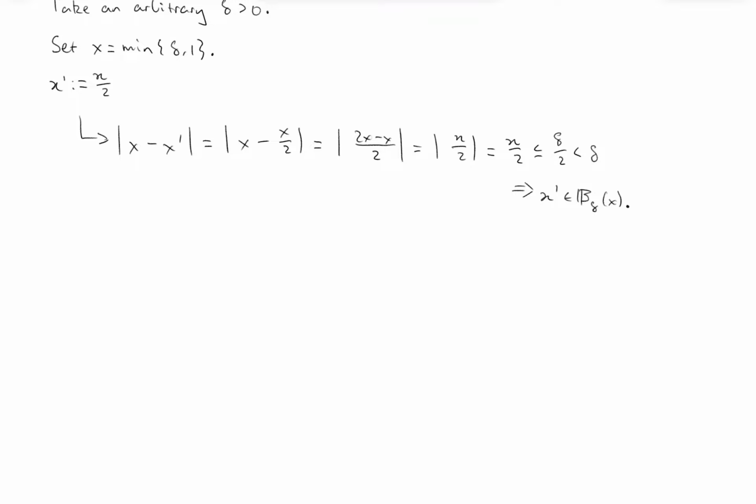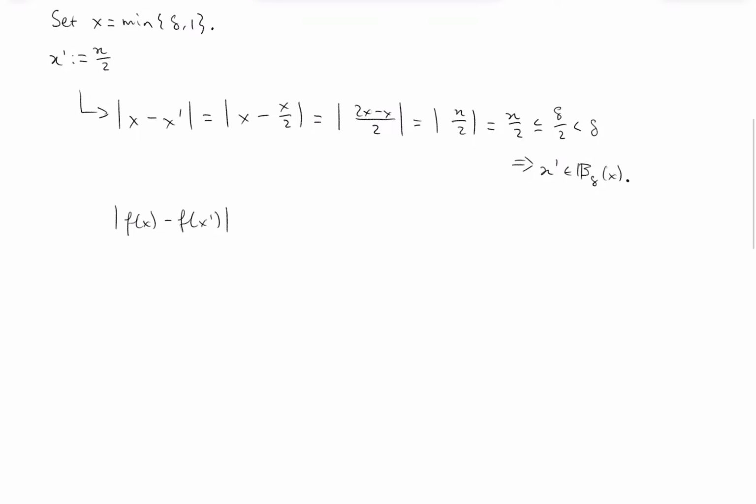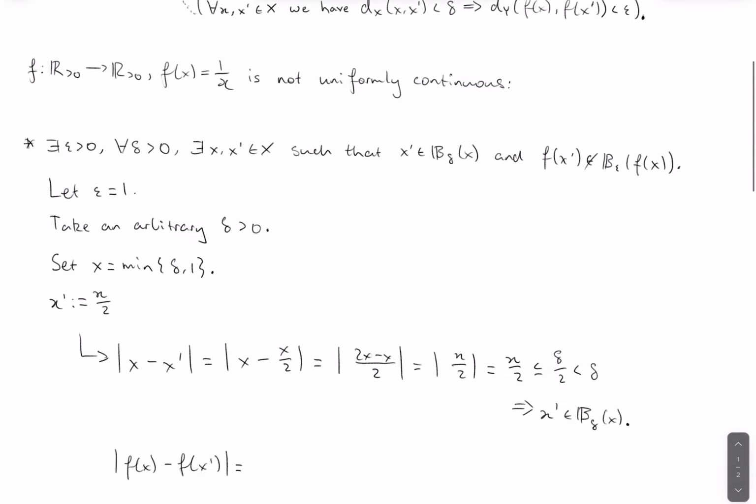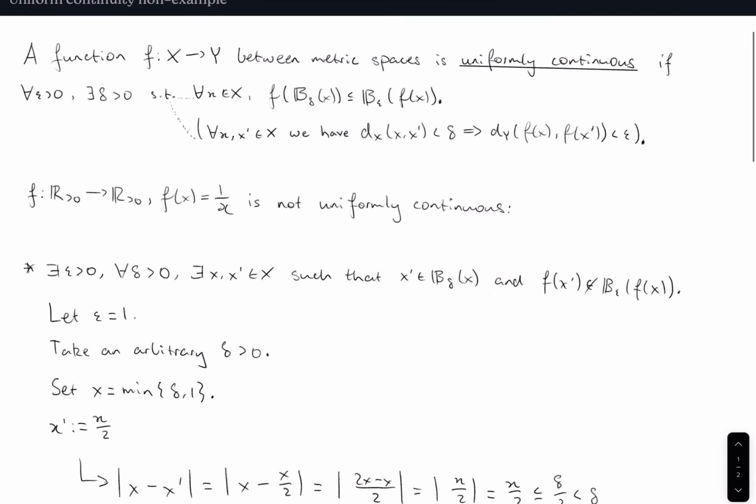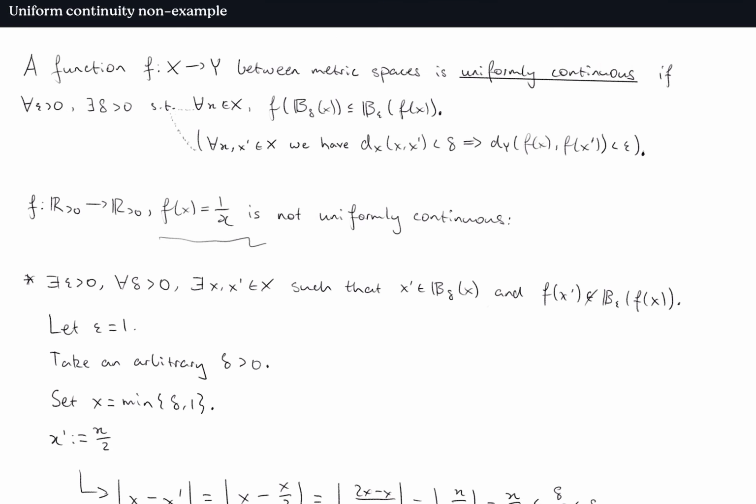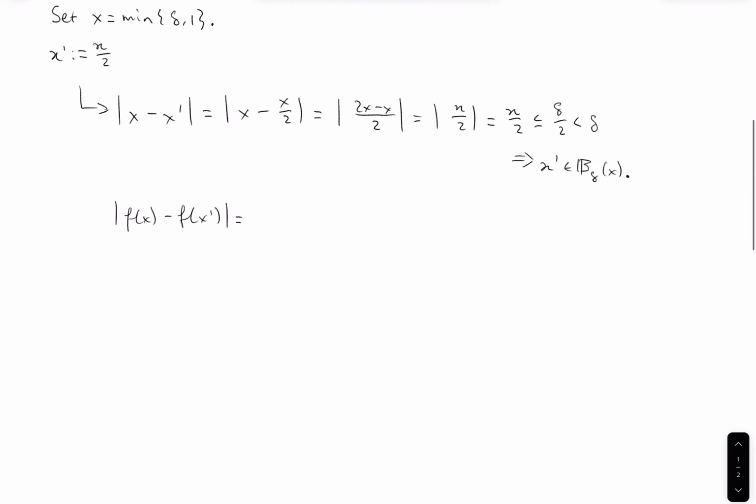So now we want to take the distance between f of x and f of x prime. So this simplifies to, f of x, now we can work with this function here. It's 1 over x. And we make that substitution. So it's 1 over x, and f of x prime is 1 over x prime.